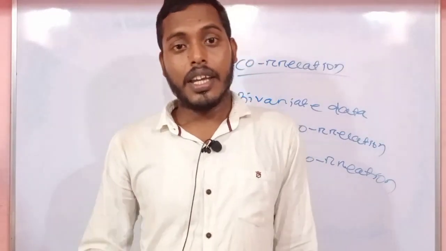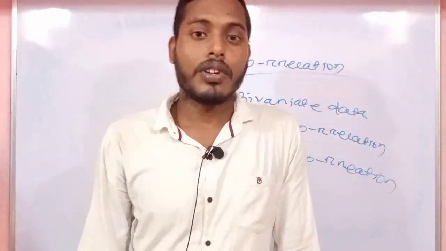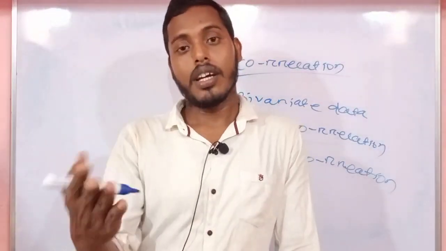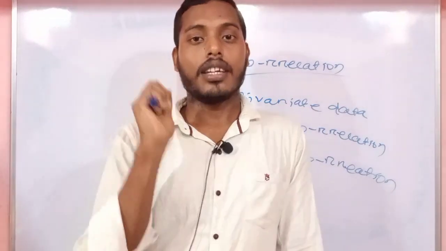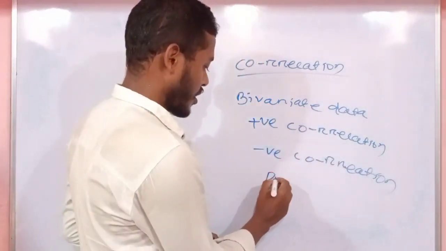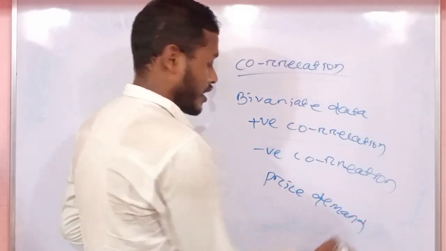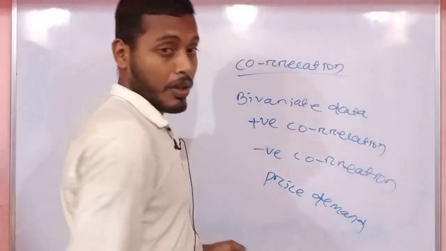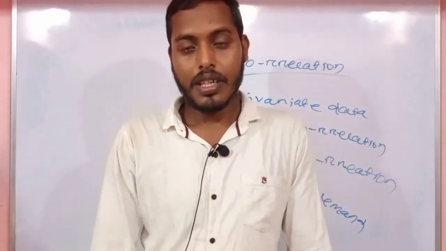Another way to say it: if one variable continuously decreases and the other continuously increases, this is also known as negative correlation. Examples of negative correlation are price and demand, and volume and pressure of a perfect gas.